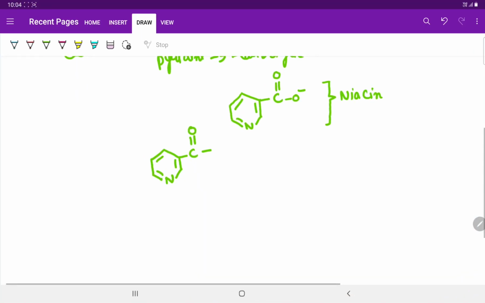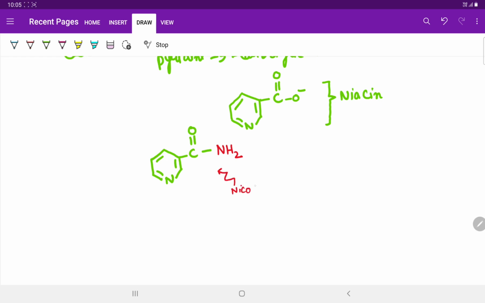Instead of an oxygen here, one NH2 group will be added, and this is the structure of nicotinamide.